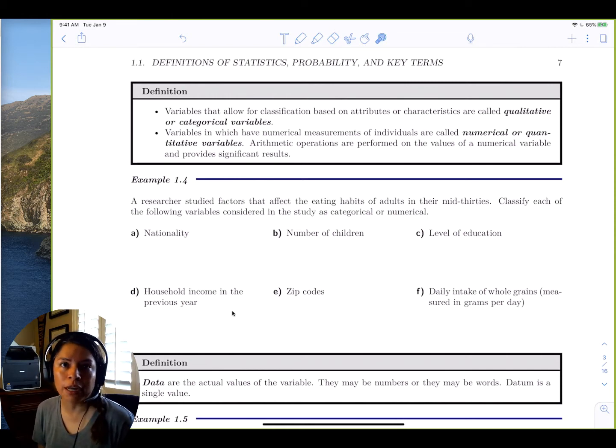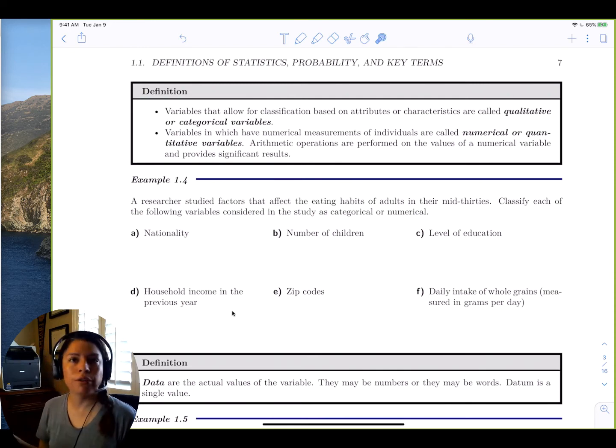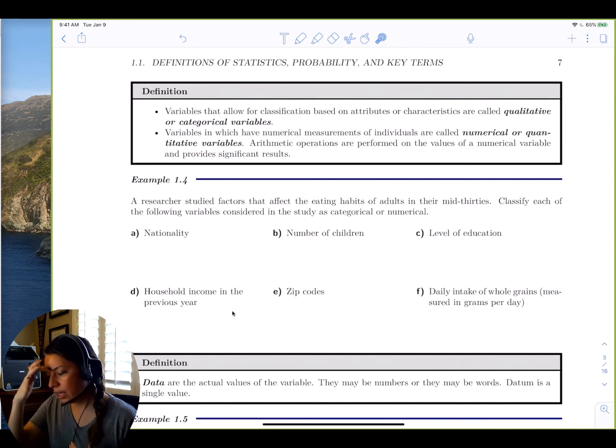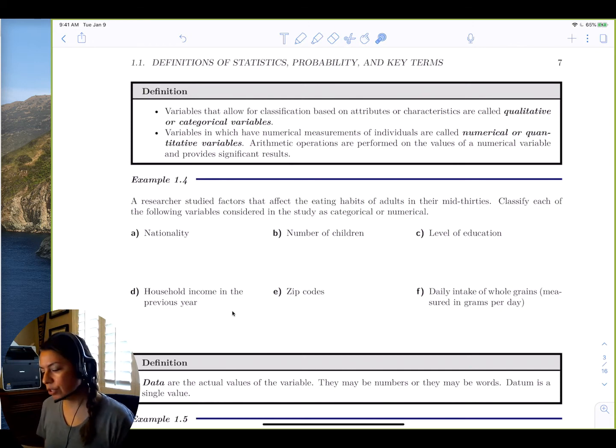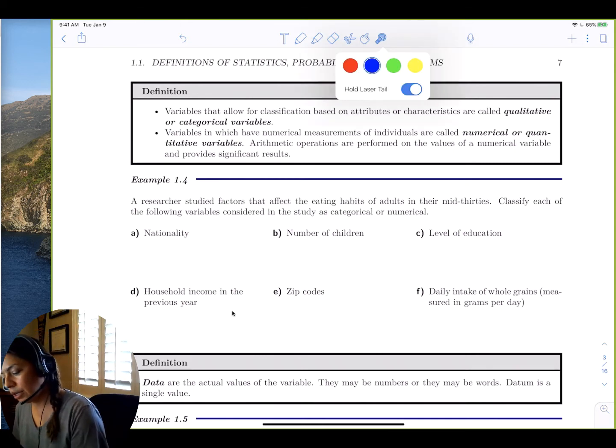It's a category. Am I in the category of male or female? Am I in the category of Hispanic or non-Hispanic, right? So qualitative variables or categorical variables just mean that there are certain classifications based on attributes, right?